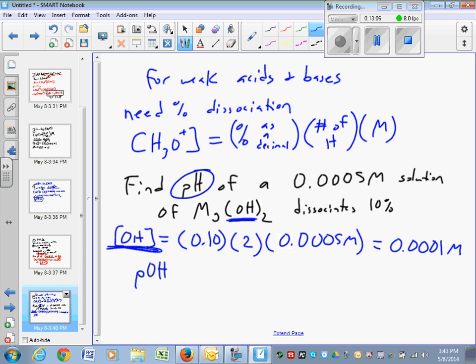Like before, I can now find my pOH. I'm using hydroxide concentration. That means pOH. I can't find pH directly. So to find my pOH, I write my concentration in scientific notation, 1.0 times 10 to the negative fourth. I use the exponent, and I change the sign. So the pOH is equal to 4.